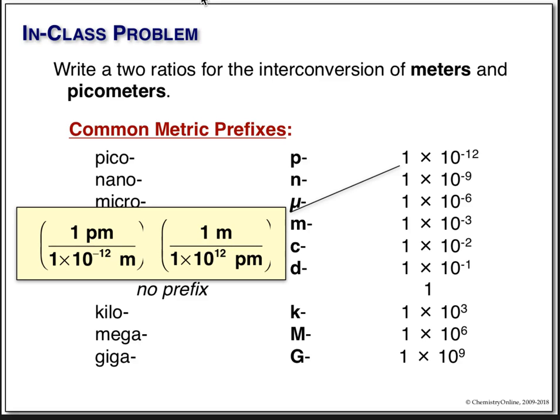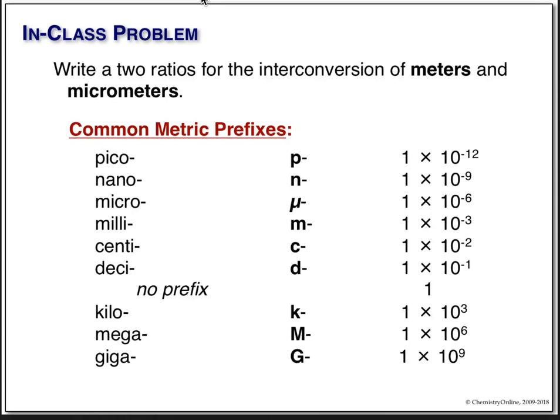You can also say that if we had 10 to the 12th picometers, that's the same as 1 meter. And of course, you can flip these upside down. Let's do another one.